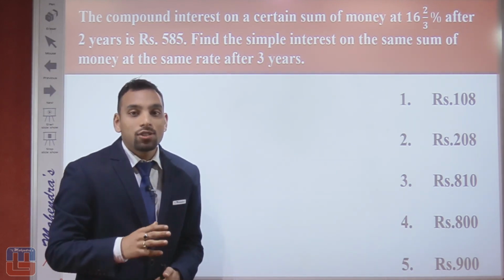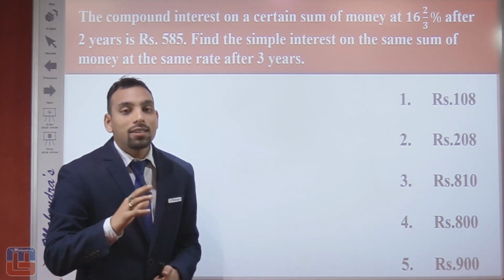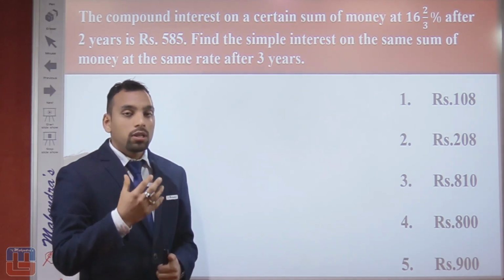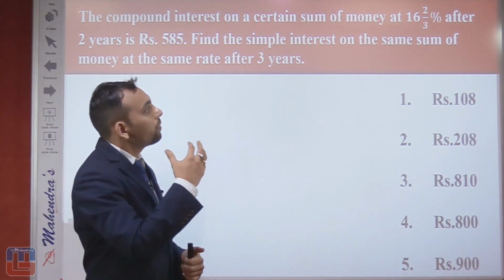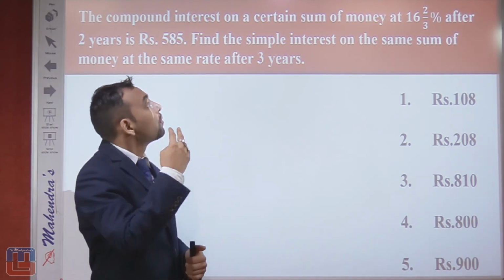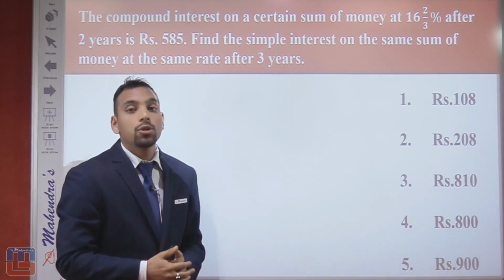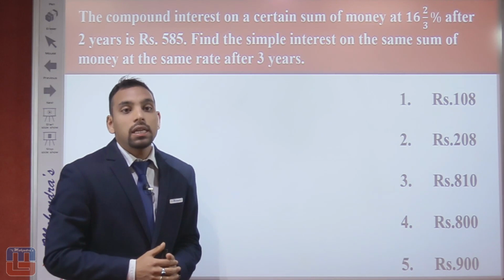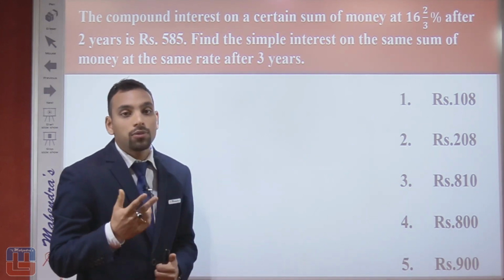Find the simple interest on the same sum of money at the same rate after 3 years. So we have compound interest after 2 years as 585 at the rate of 16 2/3%, and we have to find the simple interest at the same rate after 3 years.